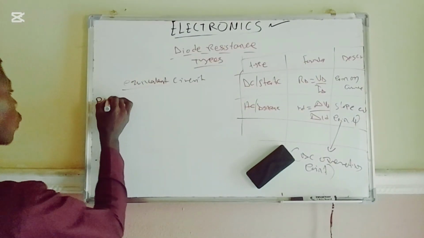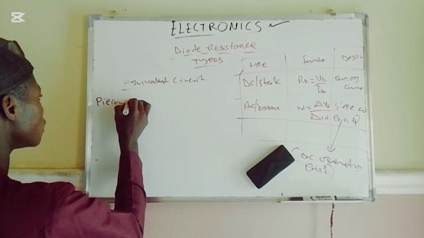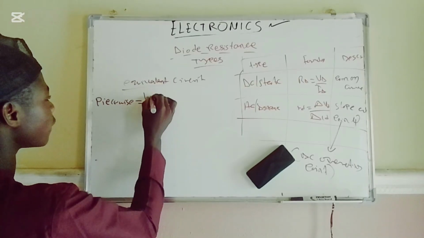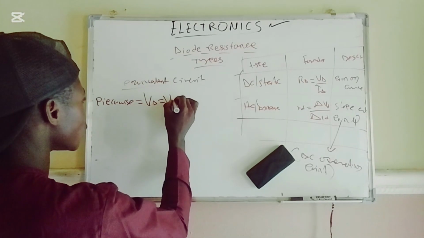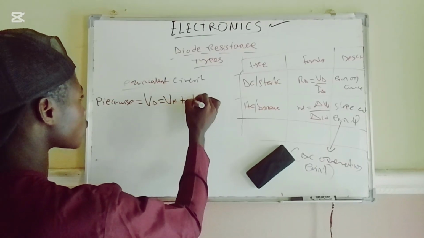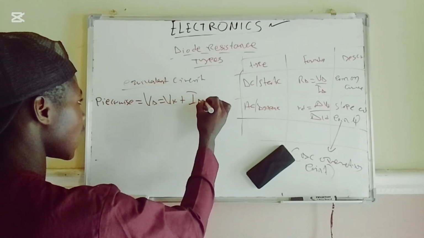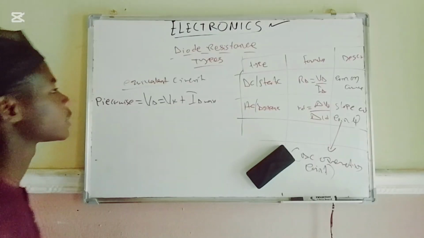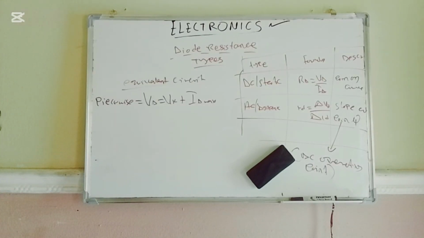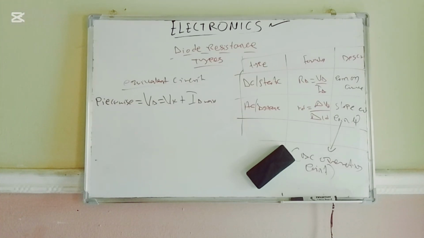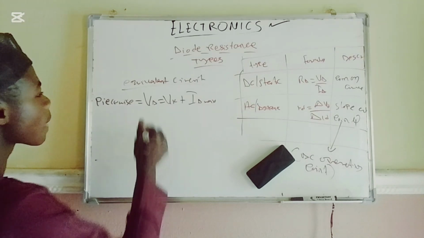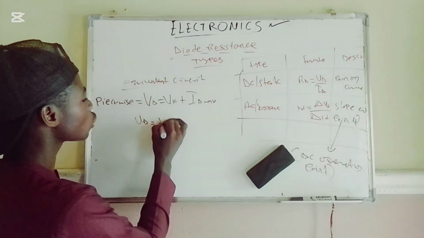We have the piecewise, which will be equal to VD, the diode voltage, which equals VK, the knee voltage, plus ID R average. The R average means we are going to find the equivalent circuit.